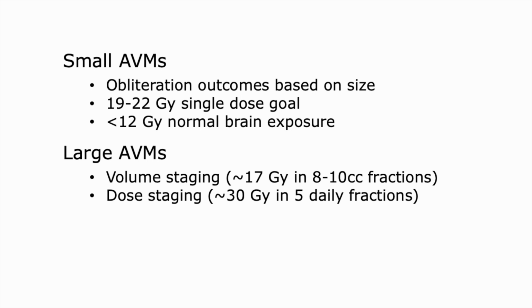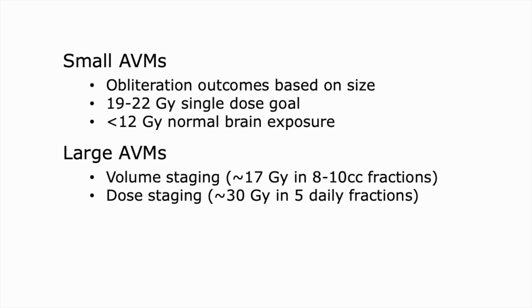Obliteration rates with stereotactic radiosurgery depend a lot on size. For single treatment, the goal is to deliver 19 to 22 gray within a 12 gray constraint dose to normal brain surrounding.